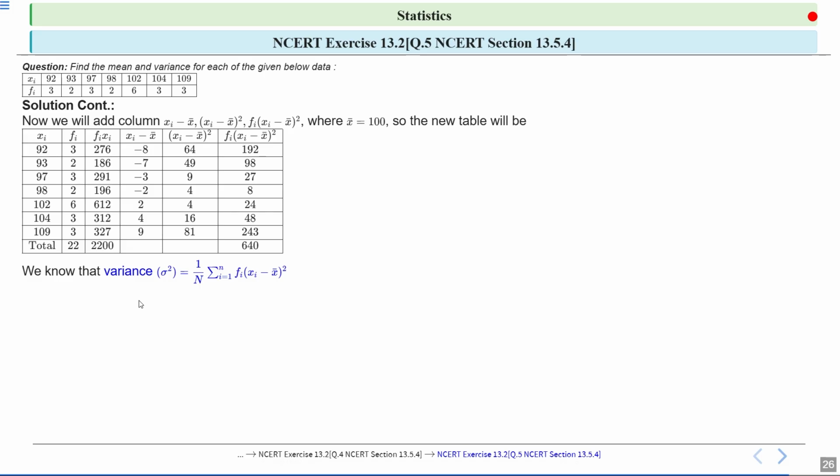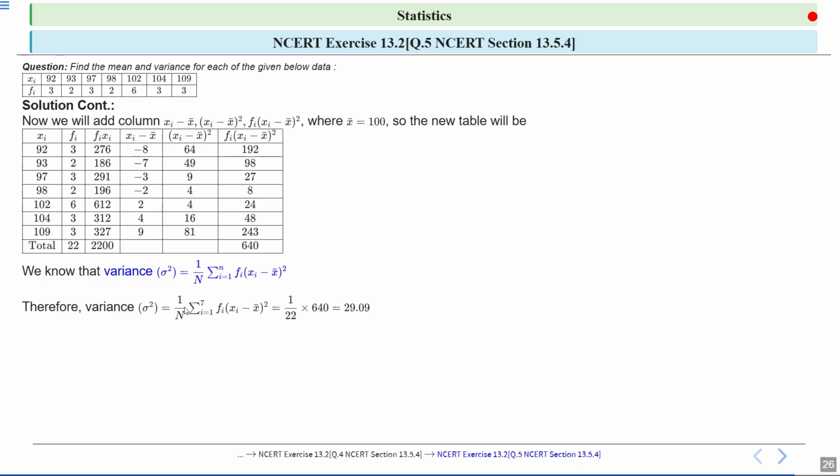And we know that variance sigma square equals 1 divided by n times the summation from i equal to 1 to n of fi times xi minus x bar whole square. Here we substitute the value of n as 22 and the summation of fi times xi minus x bar whole square as 640.